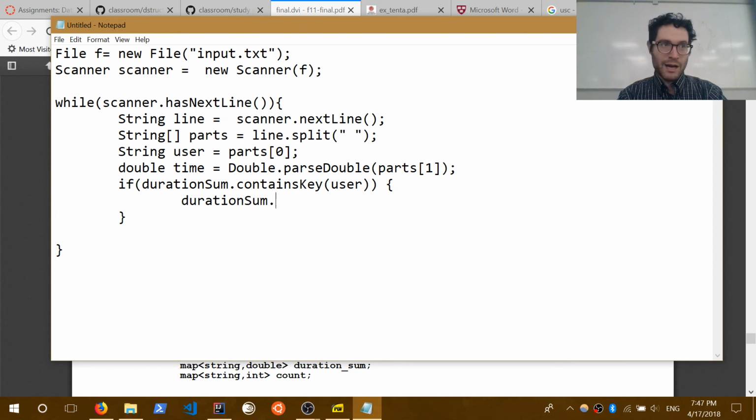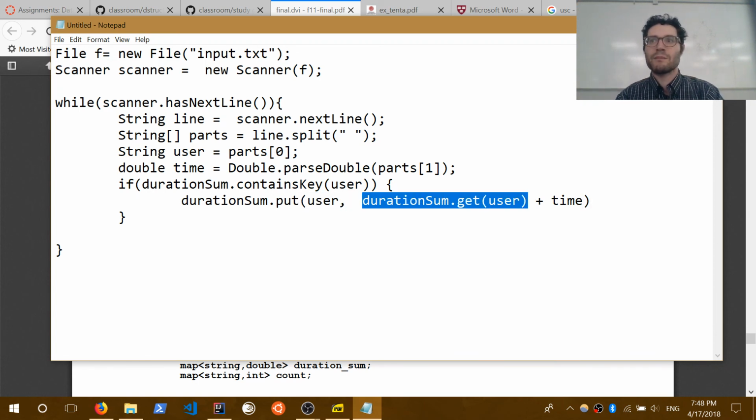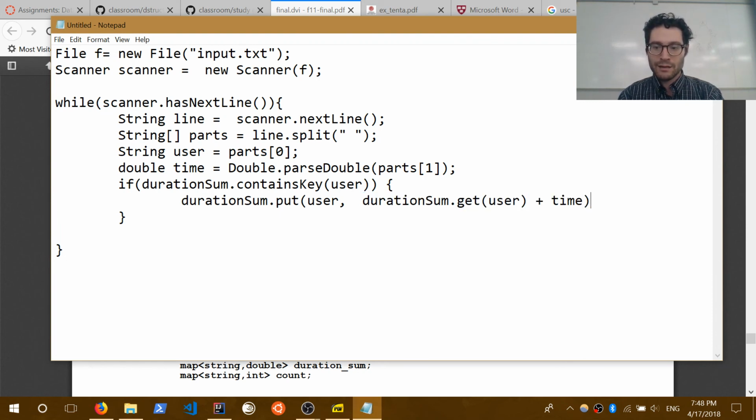So duration, and I'll do that in one line because I'm fancy like that. durationSum.put(user, durationSum.get(user) plus time). So here with the duration, since I have durationSum inside of here, I'm getting the amount of time I currently have, adding the amount of time that I've just seen to it, and putting that in.